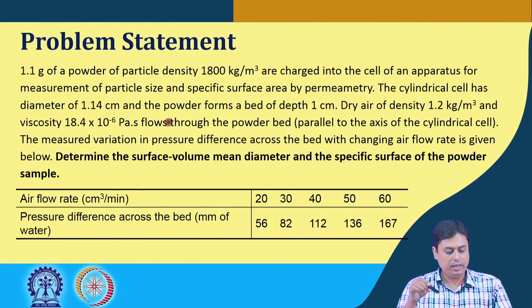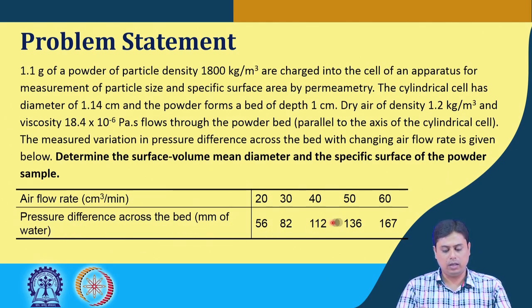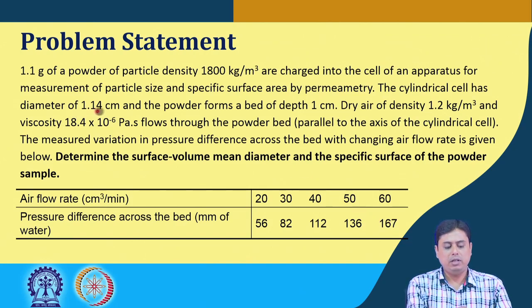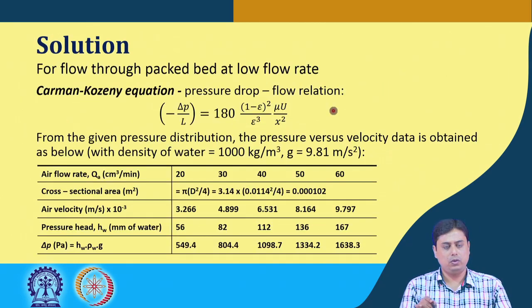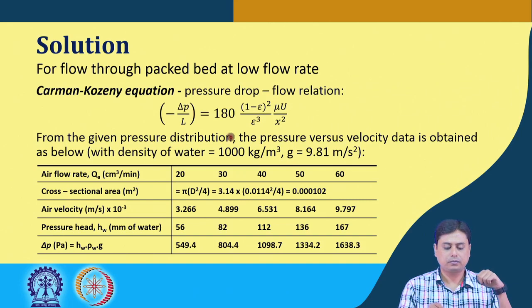The pressure difference across the bed is already given here, and the diameter is this one, the bed depth is this one. So del P basically, L is the unit length you can consider here. If that is the case, then del P is known.